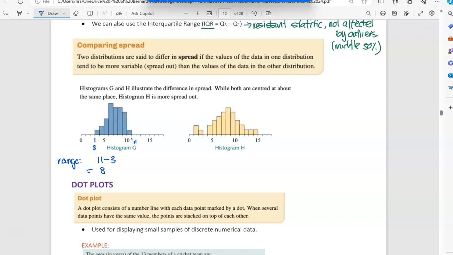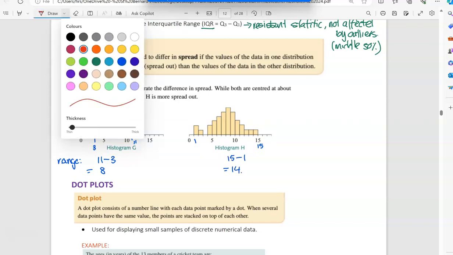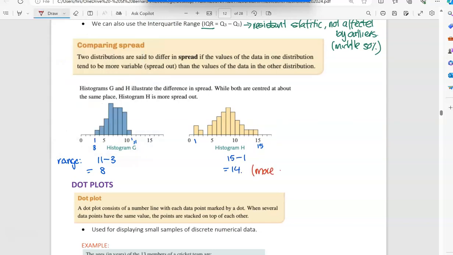And this one's range is 15 minus 1, so it's 14. So what you would say is this one is more variable, it has more spread, a larger spread than histogram G, because it has a larger range.